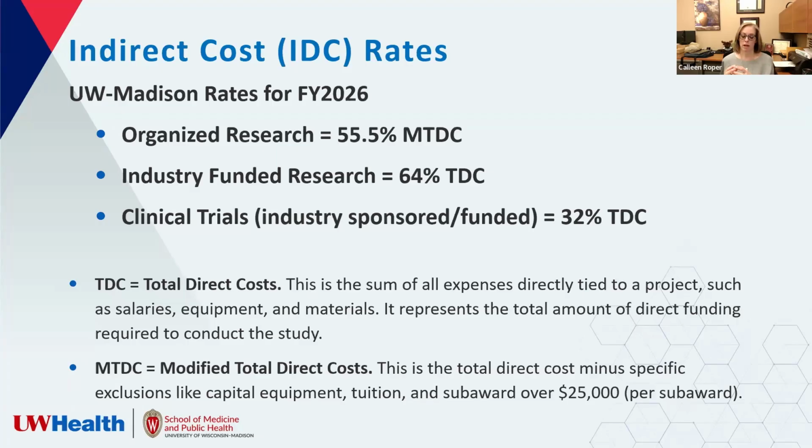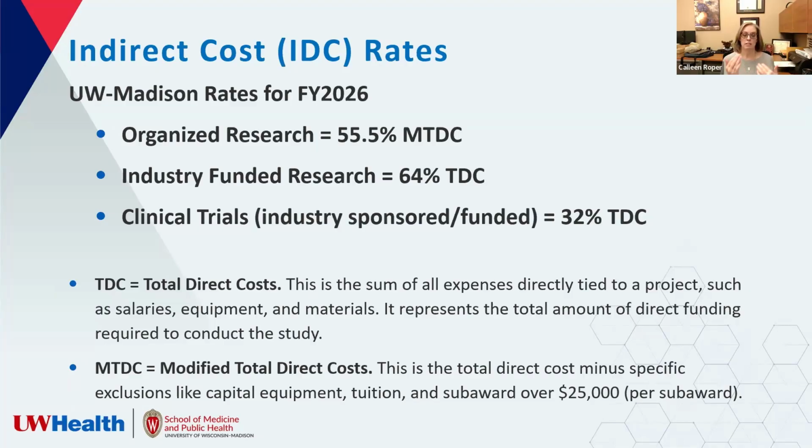when we charge indirects, it's based on what you spend. And so under total direct costs, you get charged whatever that percentage is of indirects to every single expense that hits your budget. If it's modified, there are some exceptions. So things like capital equipment or tuition, subawards over a certain dollar threshold, those will be excluded from what gets charged indirect costs.